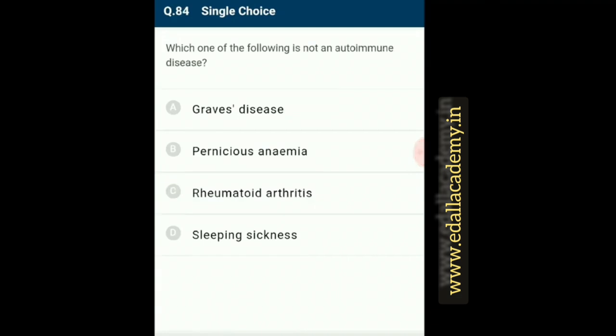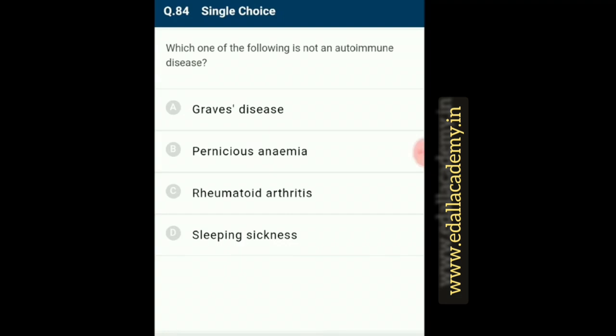Which one of the following is not an autoimmune disease? Autoimmune diseases are certain unrelated disorders caused by inflammation and destruction of tissues by the body's own immune response. These disorders include acquired hemolytic anemia, pernicious anemia, rheumatic fever, rheumatoid arthritis, glomerular nephritis, systemic lupus erythematosus, Sjogren syndrome, and several others.